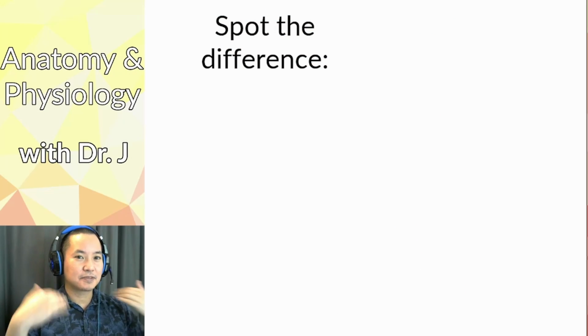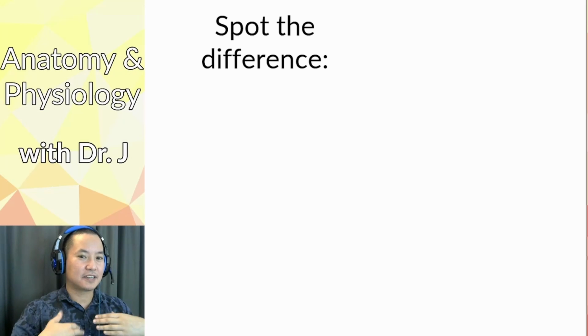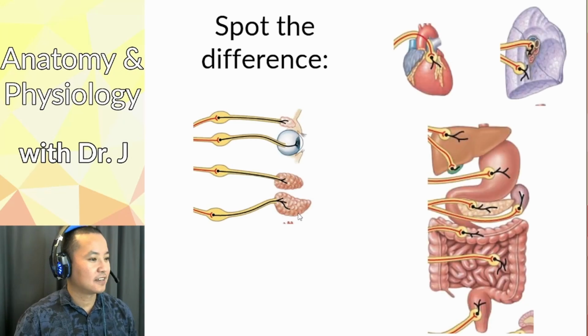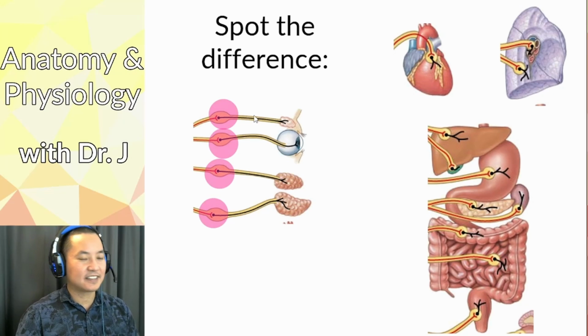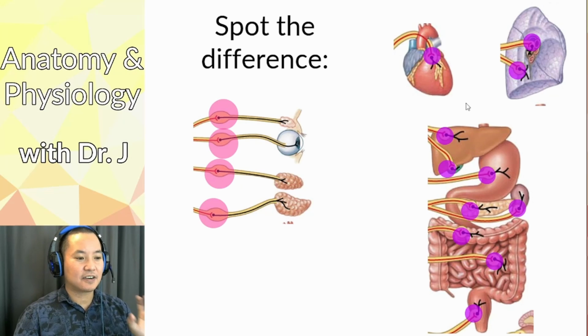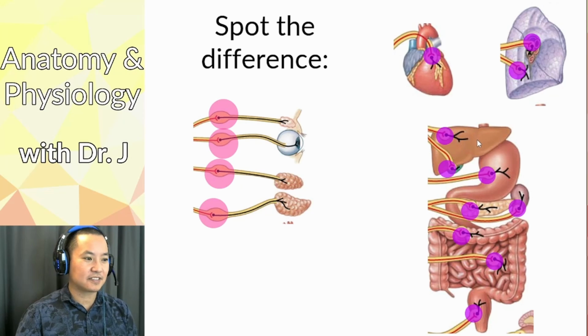So what's the difference between the parasympathetic fibers we saw with the head and neck versus the ones in our thorax and our abdominal pelvic areas? The difference is that with the head and neck, the ganglia, that swelling that has all those cell bodies, are not within the organs and tissues themselves. But with the thoracic organs and the abdominal pelvic organs, the ganglia are right next to or contained within the walls of these organs.